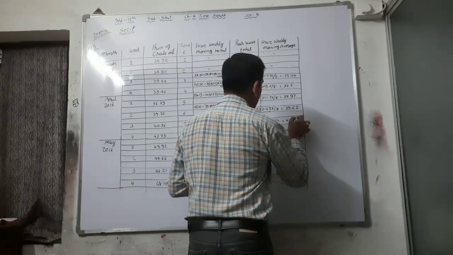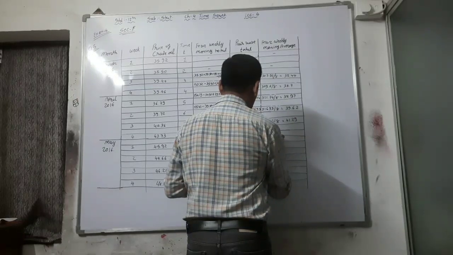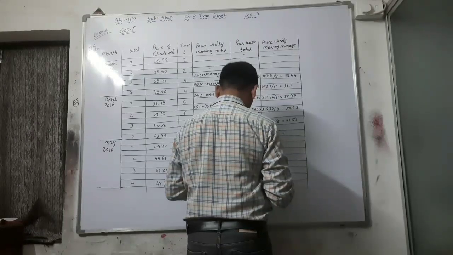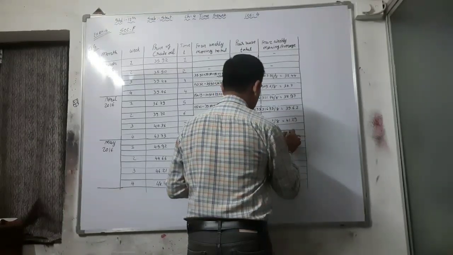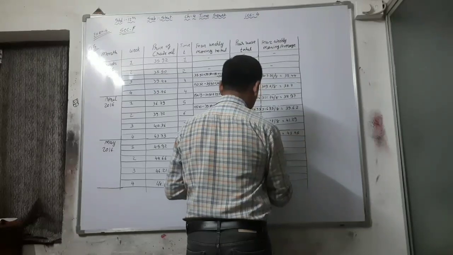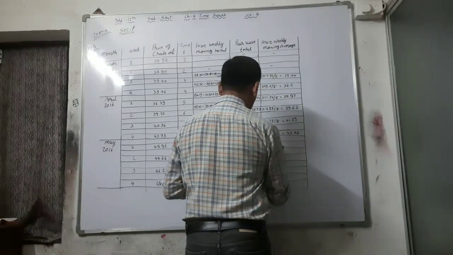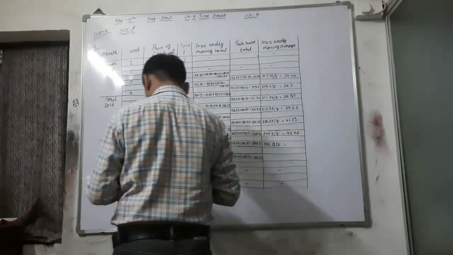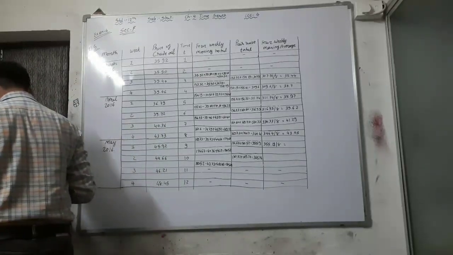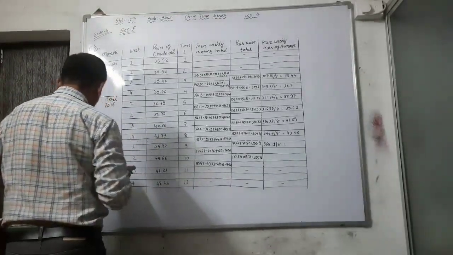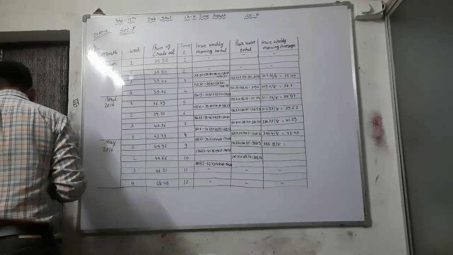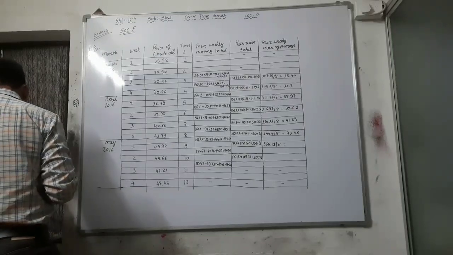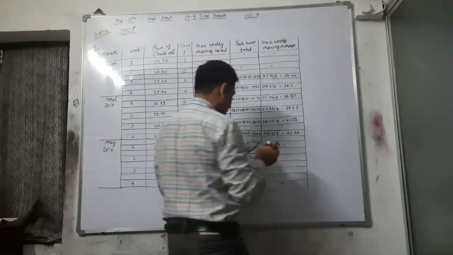$41.29125, that is 41.29. 344.4 divided by 8, it is 43.05. 355.19 divided by 8, it is 44.3587. 355.19 divided by 8 is equal to 44.35875.